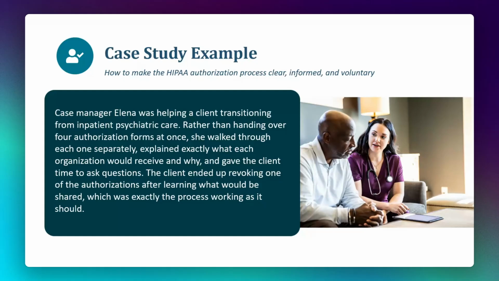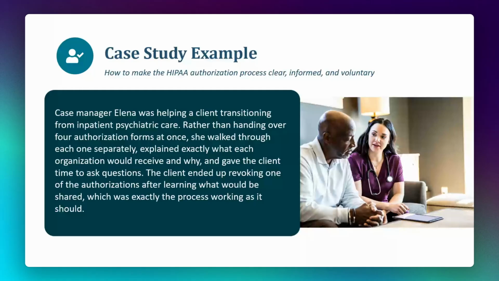So let's take a look at a quick case study example that shows the process working well. Elena, who is a case manager, was helping a client transition from inpatient psychiatric care. Records needed to be shared with 3 outpatient providers and a housing program. Instead of handing over all 4 forms at once, she walked through each one individually with her client.